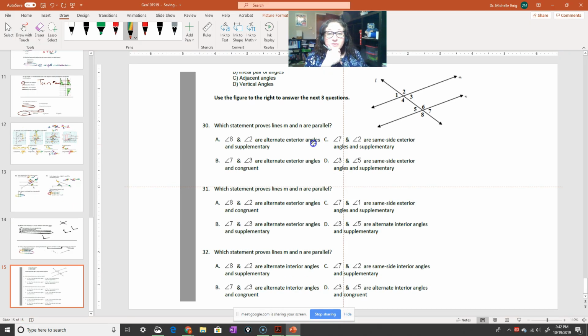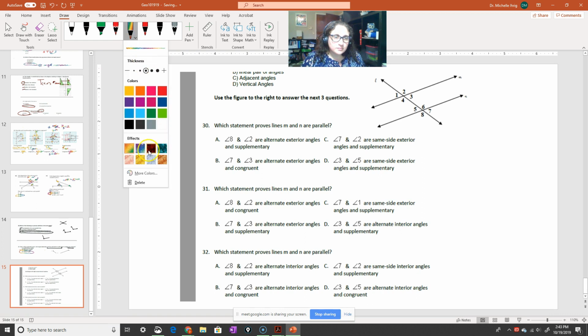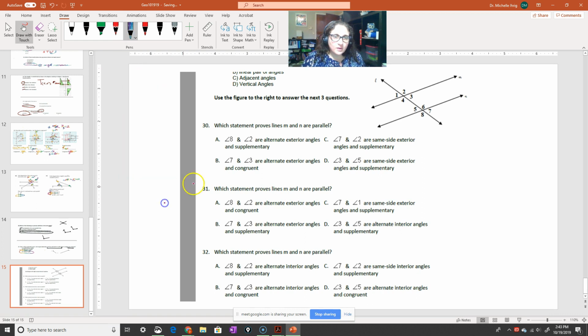Which of the following proves that they are parallel? Angle 8 and angle 2 are alternate interior angles, yes, and supplementary? No, they're not supplementary. Alternate exterior angles are congruent.